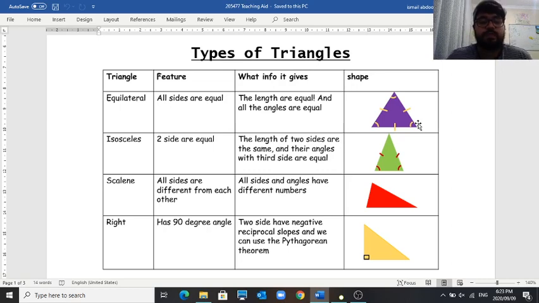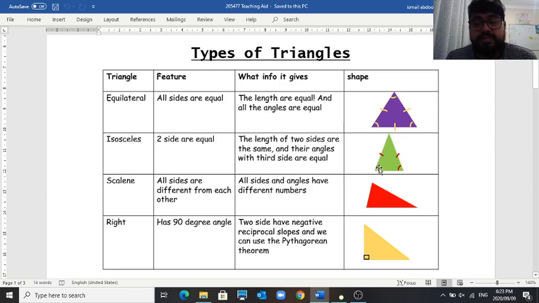The second triangle that we're going to be looking at is the isosceles triangle, and in the isosceles triangle, two sides are equal. So the two sides are the two longer sides. The base, however, is not equal to the other two sides. The other feature present with the isosceles triangle is that the two base angles are equal.